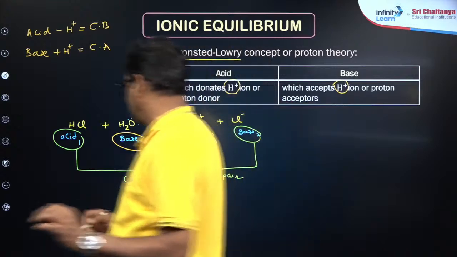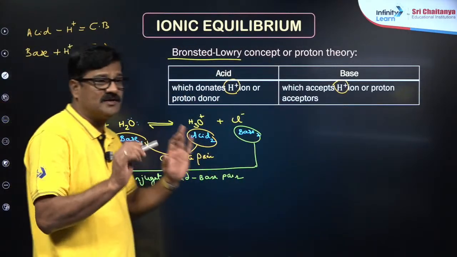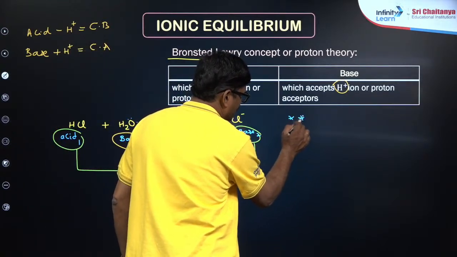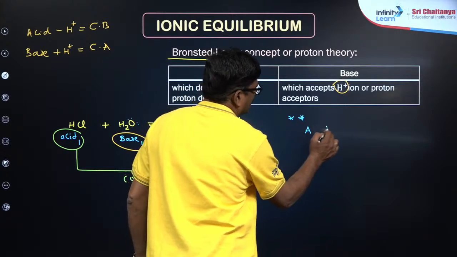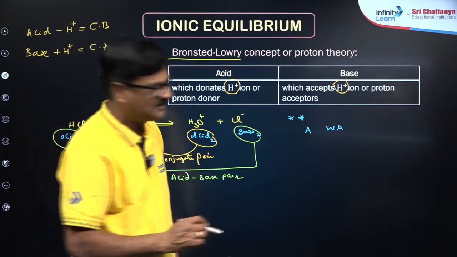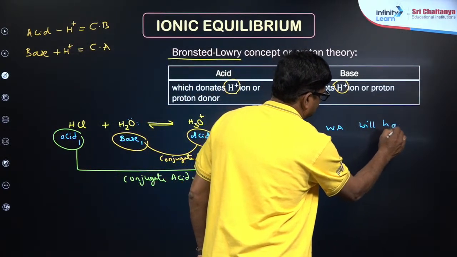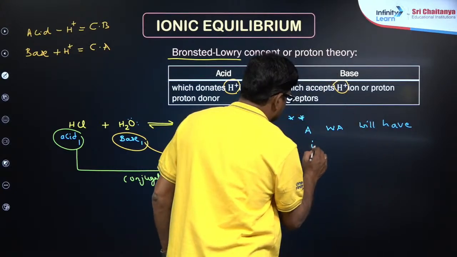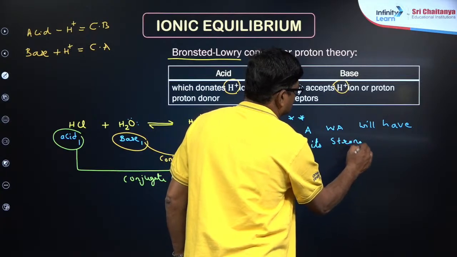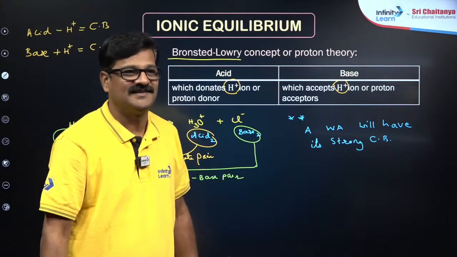And as far as the NEET examination is concerned, or any examination, I just want to say a golden note. A weak acid (WA stands for weak acid) will have its strong conjugate base, and vice versa.